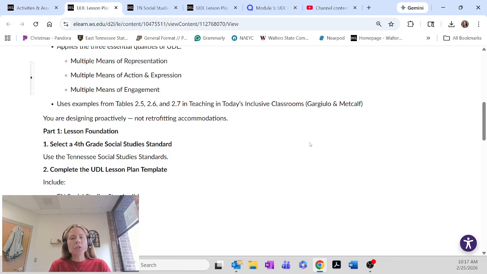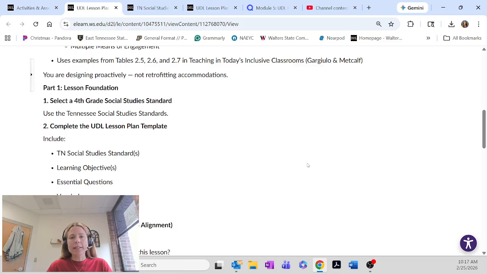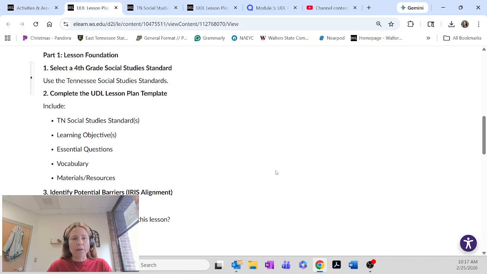Now, I do want you to use your textbook to help you with this. There are examples in tables 2.5, 2.6, and 2.7 inside your textbook, Teaching in Today's Inclusive Classrooms. Remember, the point of the lesson plan is to design proactively, not think about accommodations later on.